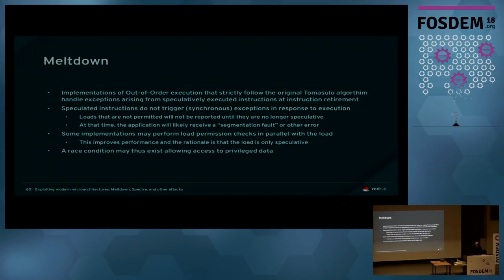So Meltdown relies upon some implementations of speculative execution literally following what Tomasulo did. And the key piece is that they handle exceptions, they handle problems from accessing data you're not supposed to, right at the end.